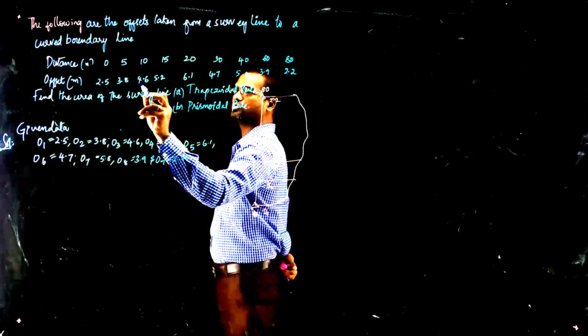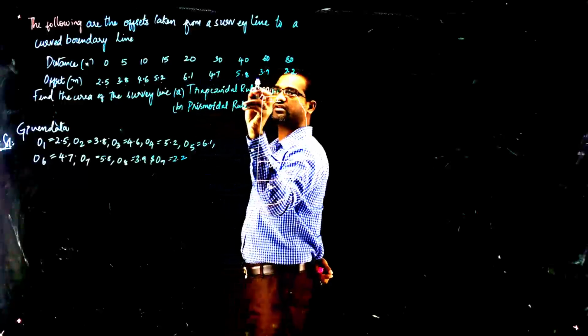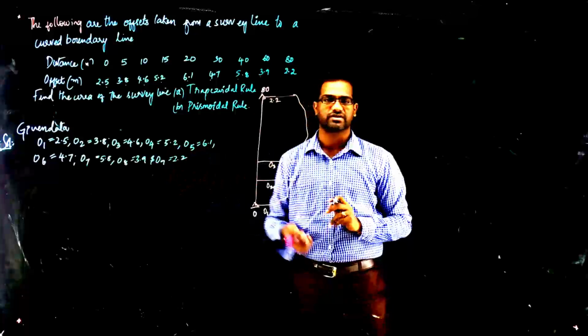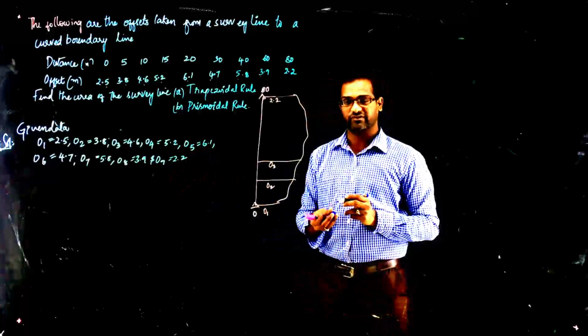So 1, 2, 3, 4, 5, 6, 7, 8, 9. Nine ordinates have been given to you. So this is an odd number, not an even number.